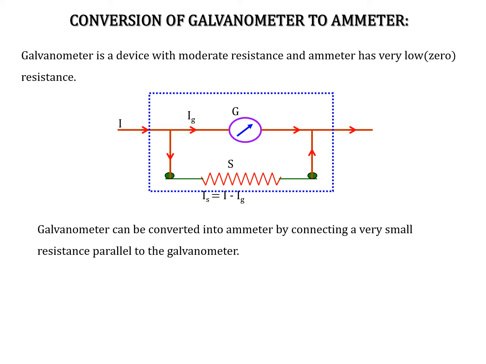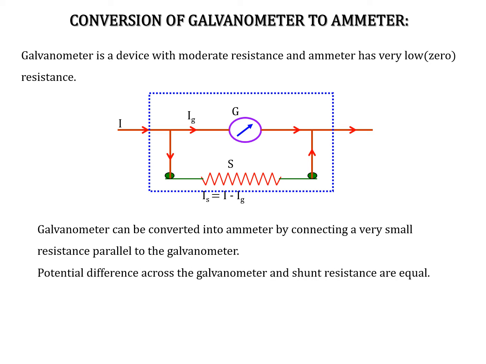So if I is the current to be measured using the ammeter, let us assume Ig is the maximum current that can flow through the galvanometer. So the remaining current, that is I minus Ig, will flow through the shunt resistance. In parallel combination, potential across the galvanometer will be the same as the potential across the shunt.